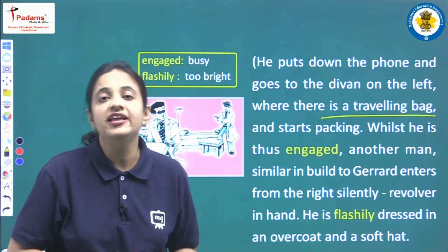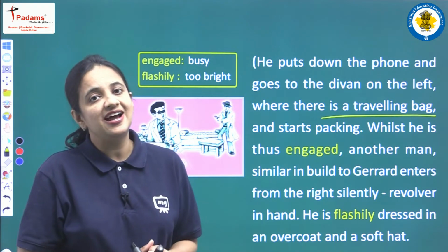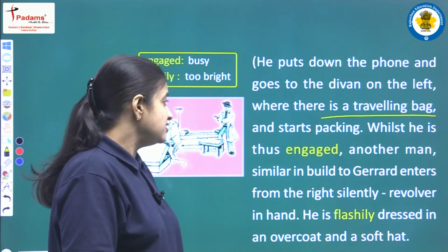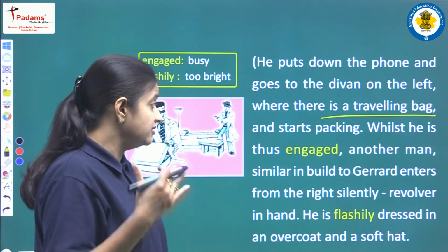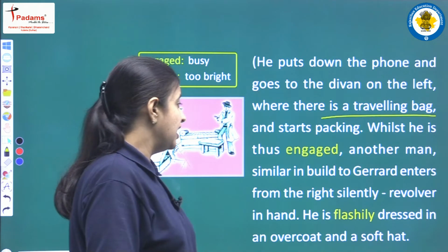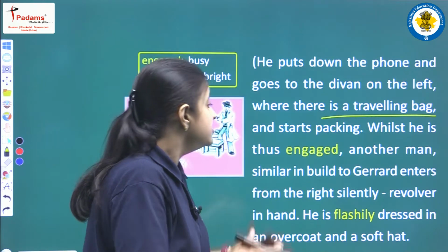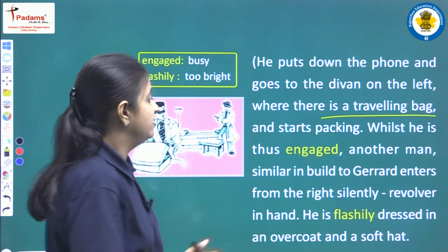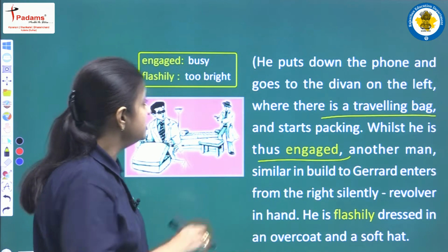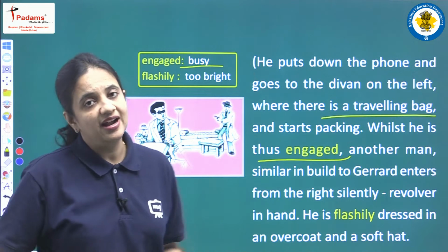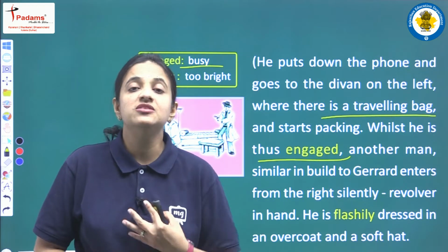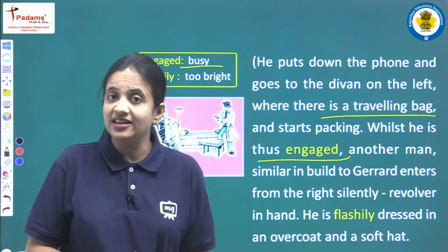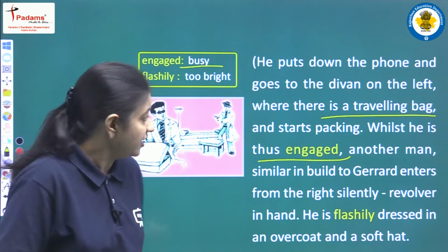It means Gerald is going somewhere and he started his packing. Whilst he is thus engaged, another man similar in build to Gerald enters from the right silently, revolver in hand. Now Gerald is very much engaged. Engaged means busy. So Gerald is very much busy packing.